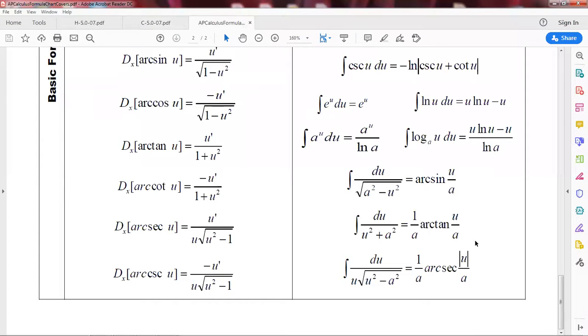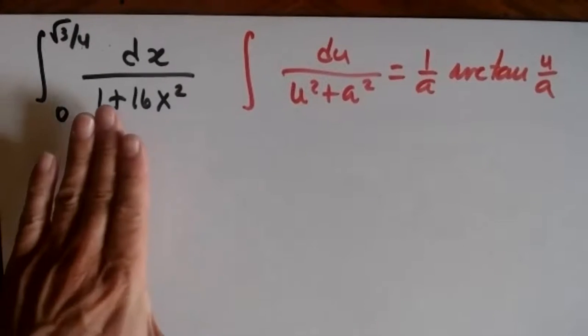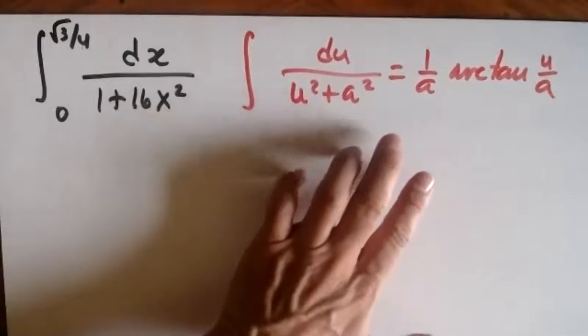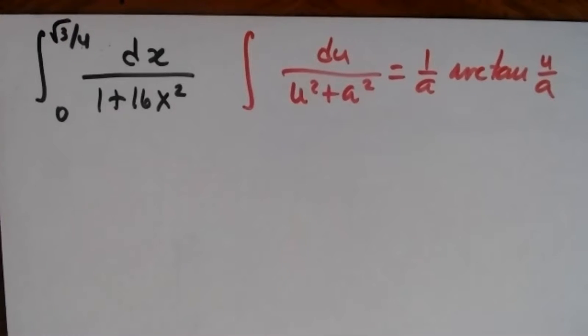This one right here is going to be fine: the integral of du over u squared plus a squared is 1 over a times the arctangent of u over a. Okay? This problem matches this formula, so I'm going to try to match the values. I just go one by one.